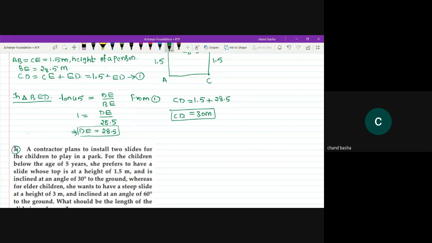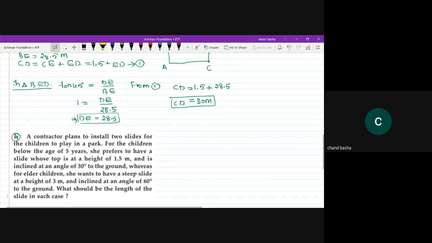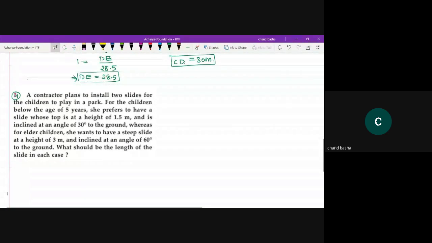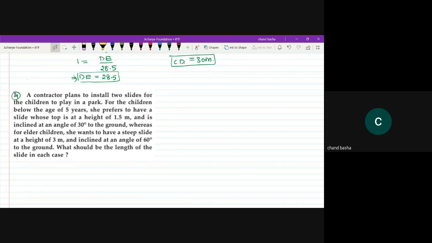Next problem: a contractor plans to install 2 slides for the children to play in a park. For children below the age of 5 years, she prefers a slide whose top is at a height of 1.5 meters and is inclined at an angle of 30 degrees to the ground.